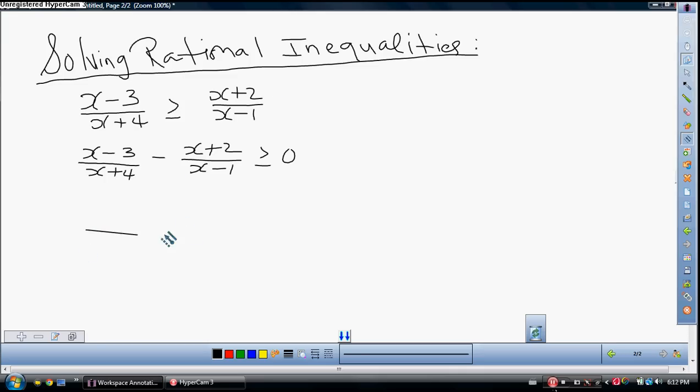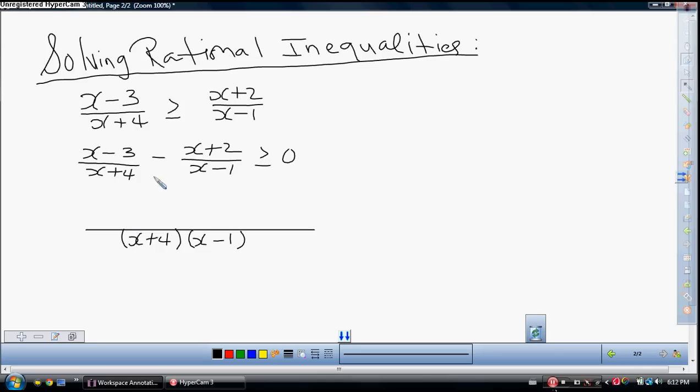I'm now going to make a common denominator, and my LCD would be (x plus 4) times (x minus 1).